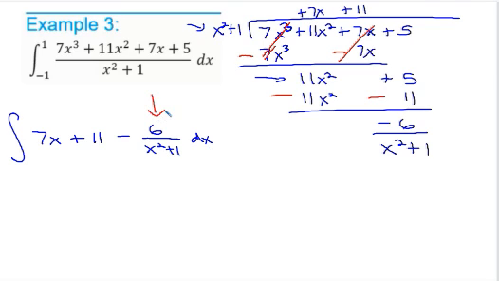That should stick out as one of our inverse trig functions. All right? And this one here is arctangent. So this one I'm going to have a minus 6 arctangent, or tangent to the negative 1 of x. The other pieces are pretty easy. This is 7x squared over 2. This is 11x. And then I have my plus c.